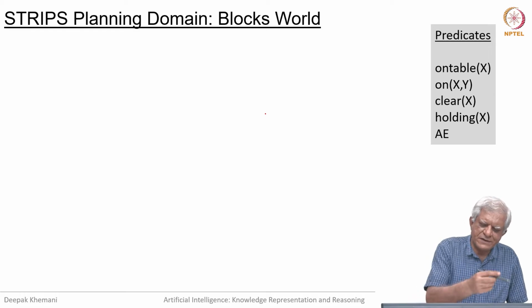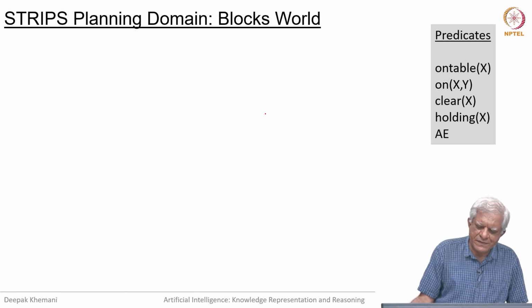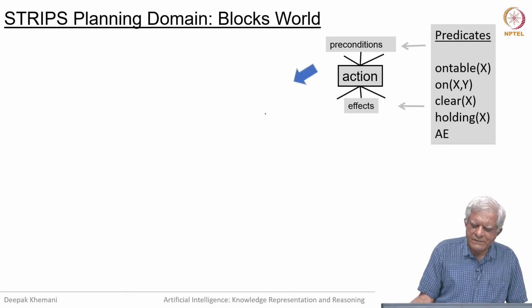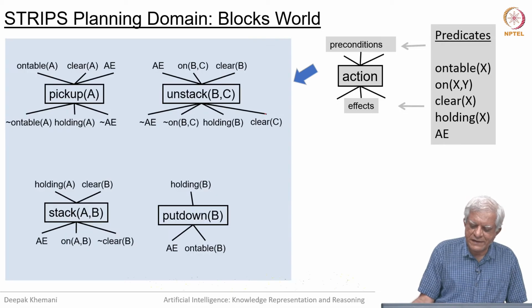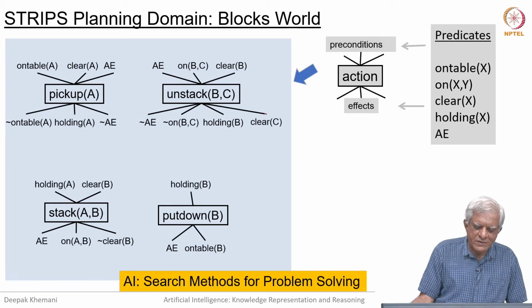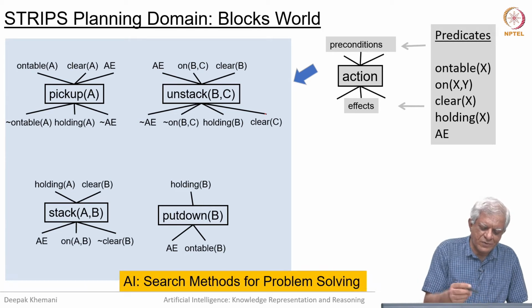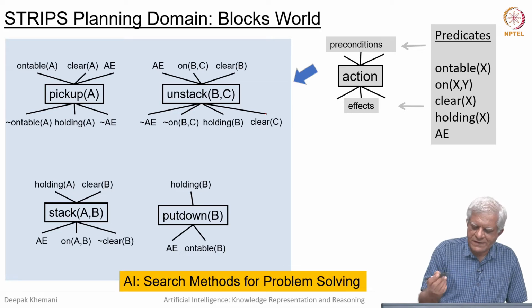STRIPS was the earliest planning algorithm that was developed, and it worked in this domain of blocks world, and we look at 4 kinds of actions, or operators. You can either pick up something, or put it down, or stack something on another thing, or unstack it from there.